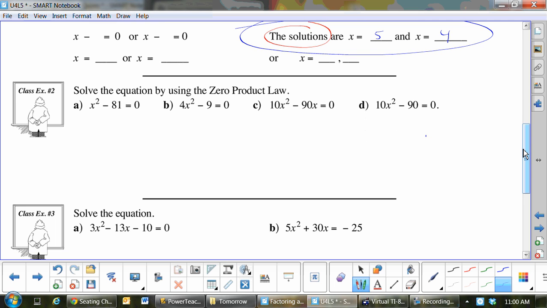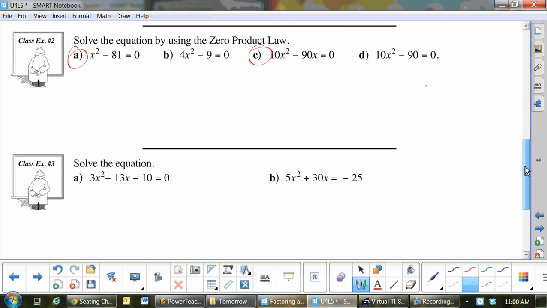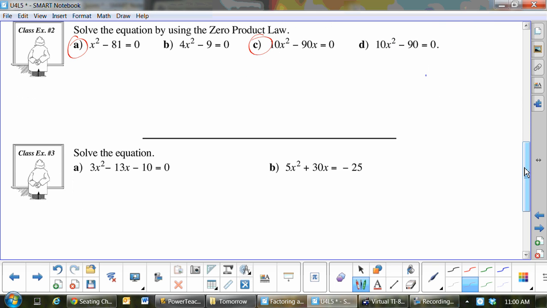Okay? Now, let's just do, like, let's do A and C here. Now, what's x squared minus 81? What's that saying to me? Difference of squares. So this would be, what would it be? x minus 9, x plus 9 equals 0.